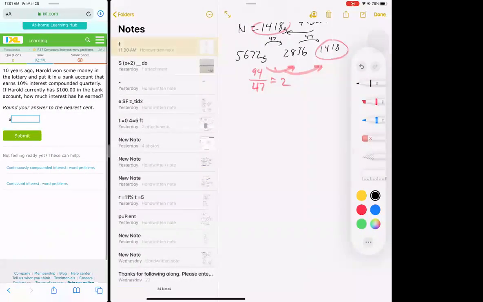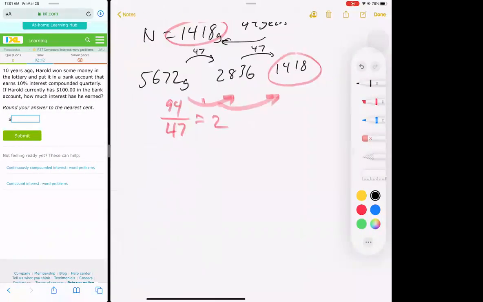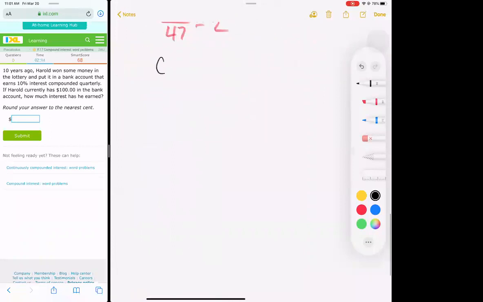So this is a compound interest problem. The word quarterly means 4 times per year. And they give us an interest rate. If you look at the interest rate, it's 10%. Do you see how they say quarterly? Not yearly.